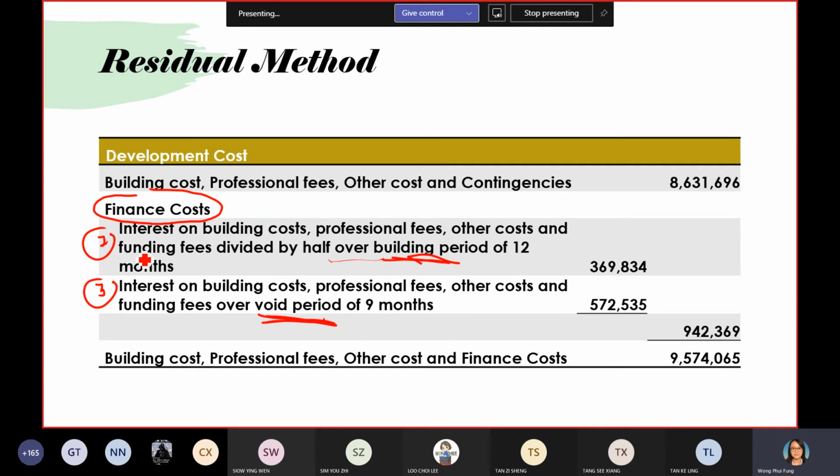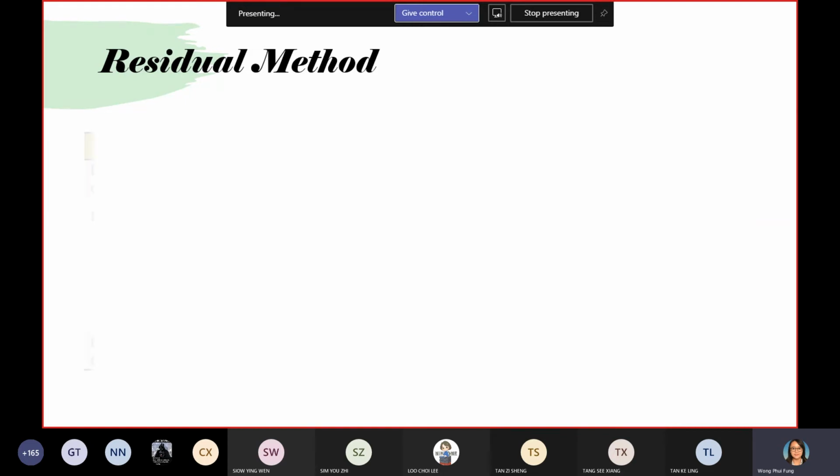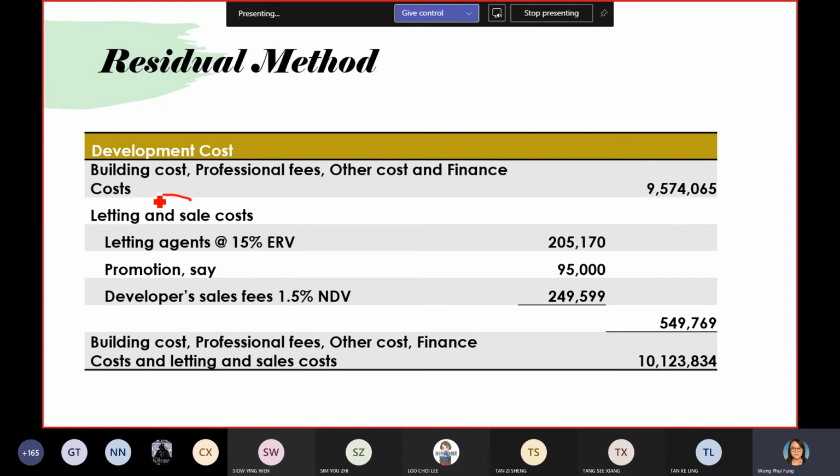No need to calculate 1. This is the first change. Under the funding cost, you only calculate 2. The way of calculation remains unchanged, still the same. Just that you omit the first one. Straight away calculate the second and the third stage. Then the next one also remains unchanged, similar to the profit method.